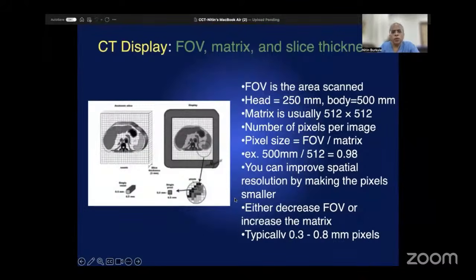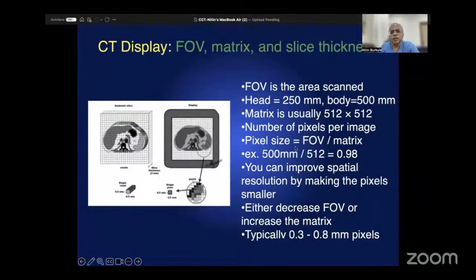The best way to improve spatial resolution is either by reducing the FOV, that is the field of view, or by increasing the matrix size.